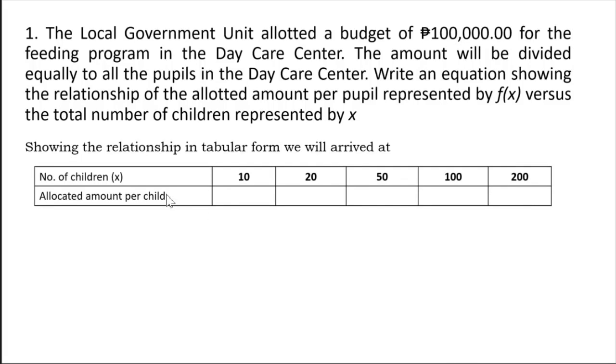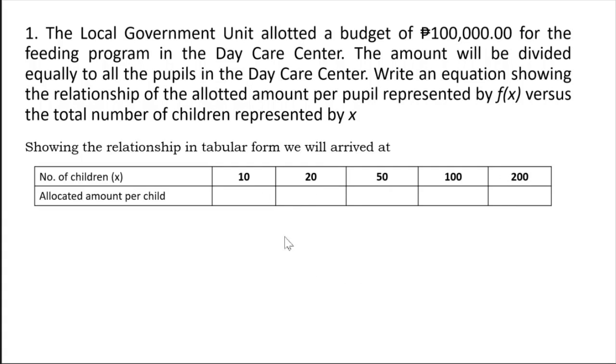First, of course, we will make the table with the number of children or pupils. Then ano yung allotted amount per child, kasi may budget tayo na 100,000 and it should be equally divided to all the pupils in the daycare center. So we have these different samples of the number of children.